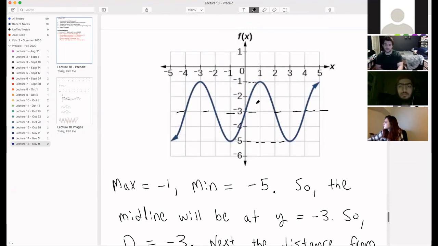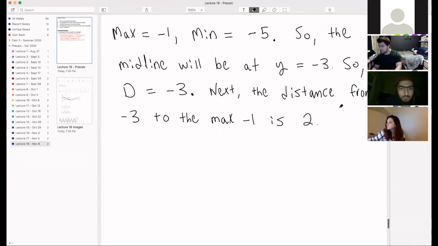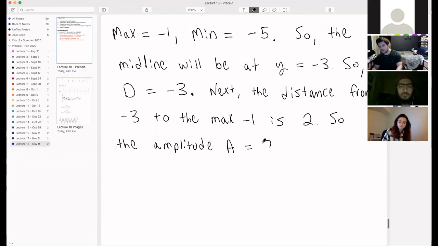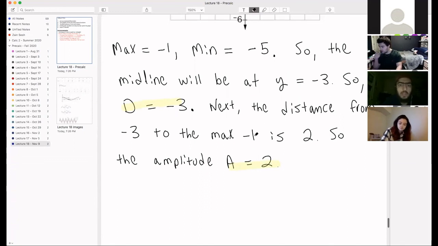And that's 2 units, because from -3 to -1, that's a distance of 2. So the amplitude A is equal to 2. All right, so we're almost done here. So we have D and we have A. What else do we need here?